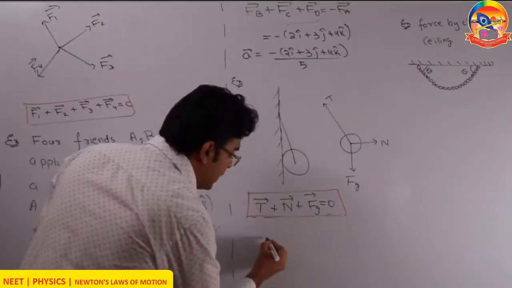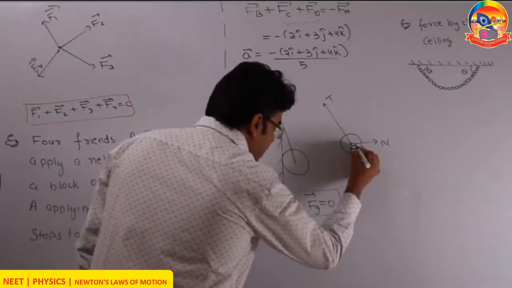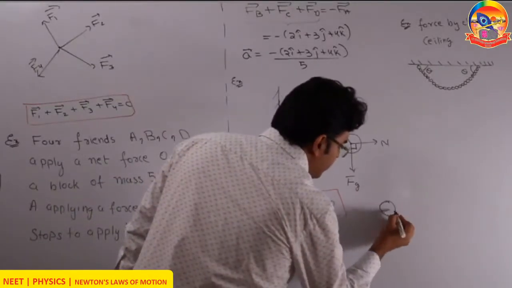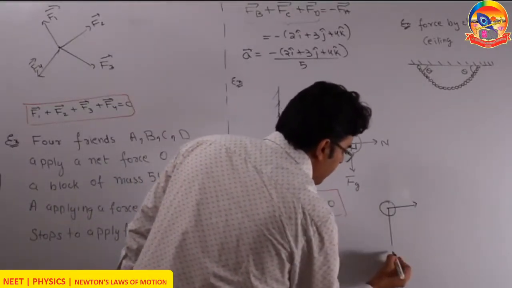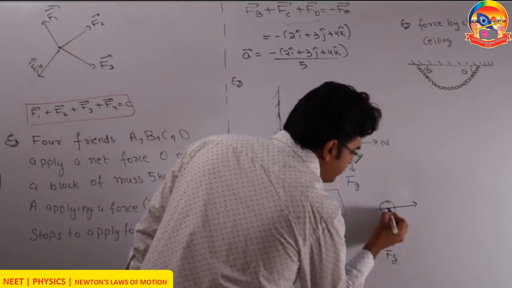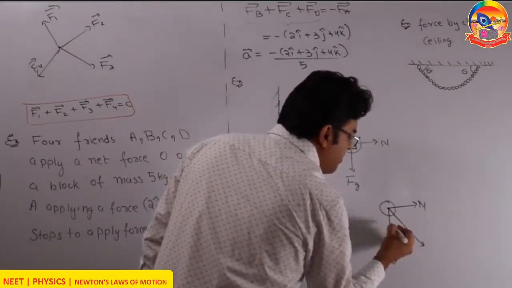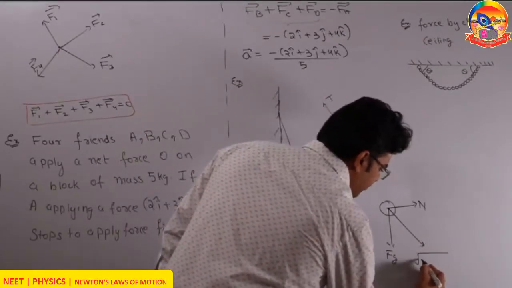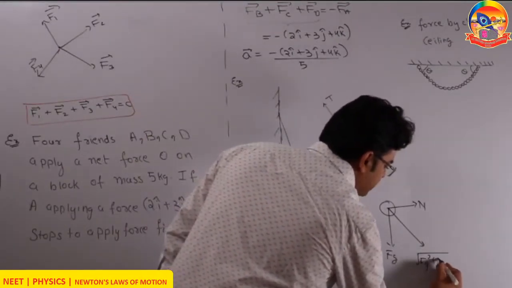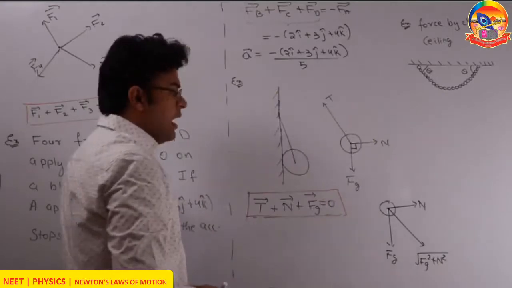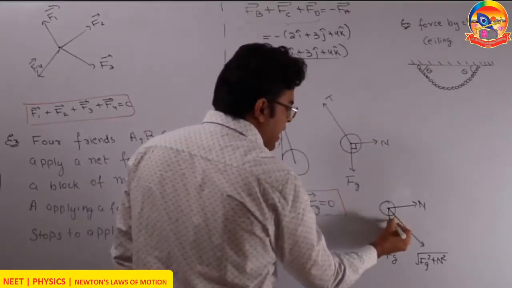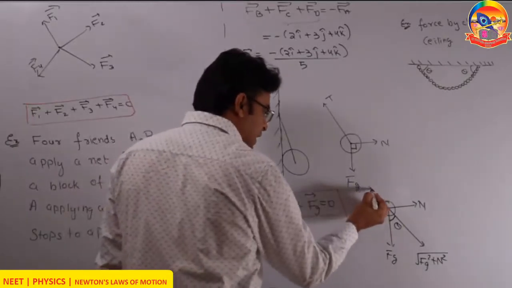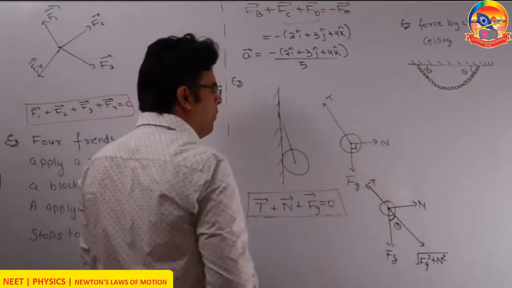So you can say, since normal and gravity are perpendicular, their resultant will be somewhere here. What will be the magnitude of this resultant? The magnitude of this resultant will be under root of Fg square plus N square. At what angle? Let's say at some angle theta with this vertical force, and the tension is exactly opposite to it.